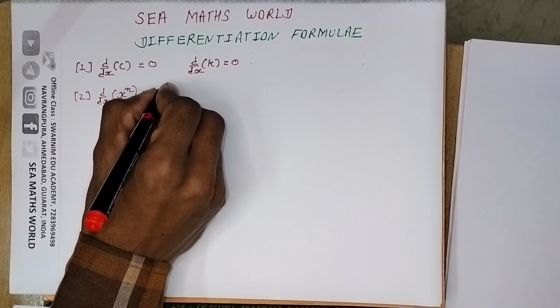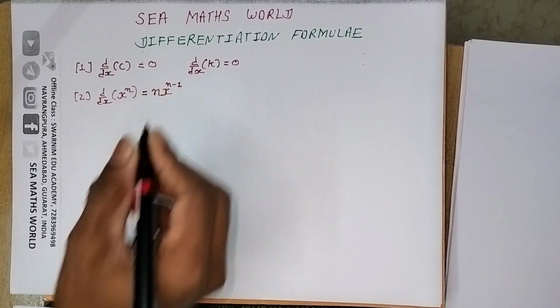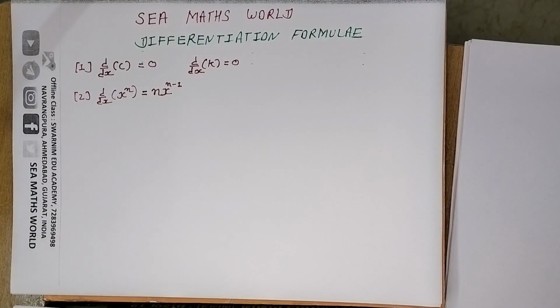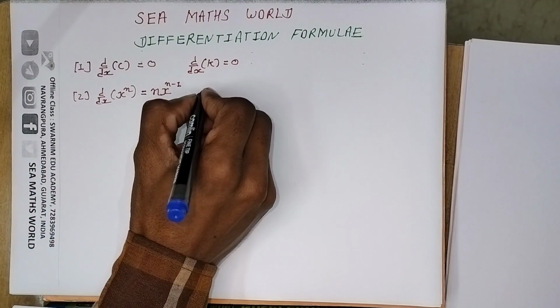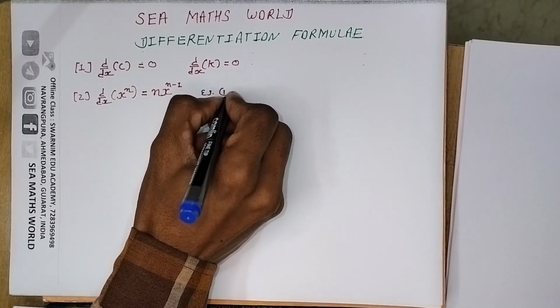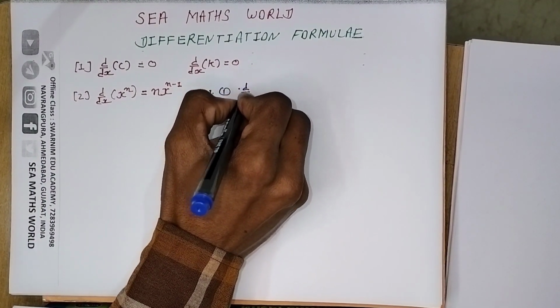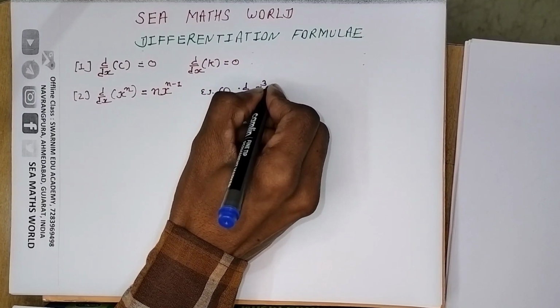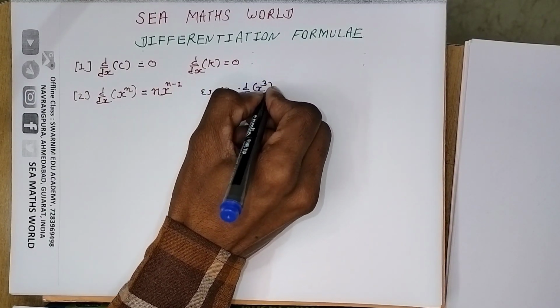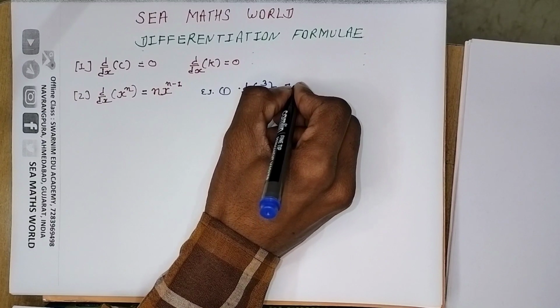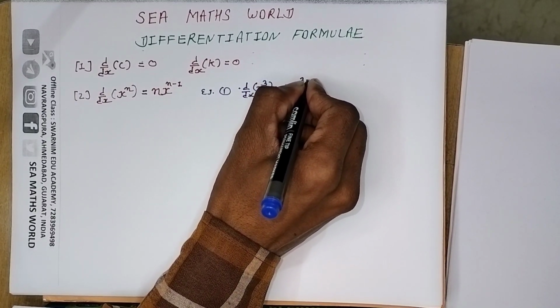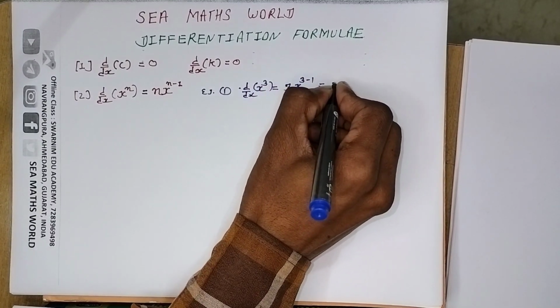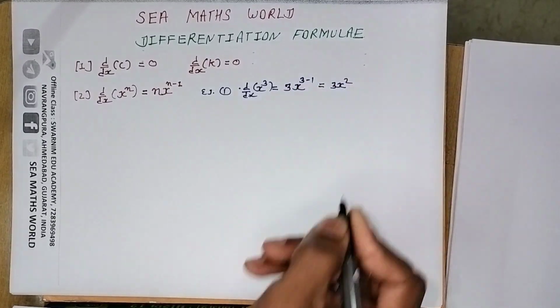So here n minus 1. Let's understand it through the example, like differentiation of x cube. Here is 3 power. The 3 power will come forward. Now reduce by 1. Okay, so it will be 3x square.